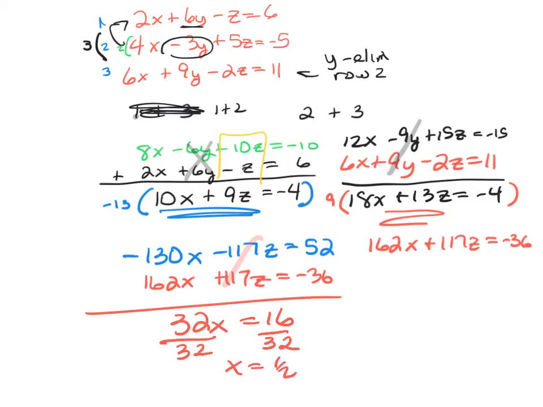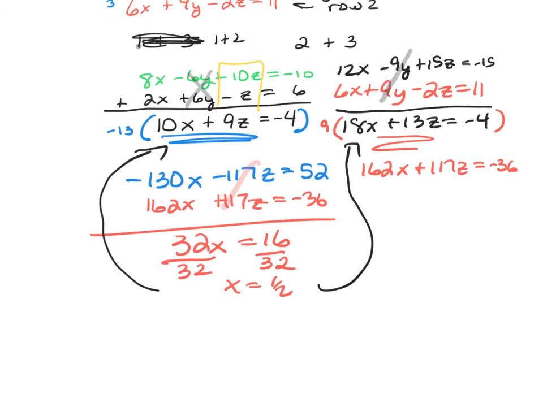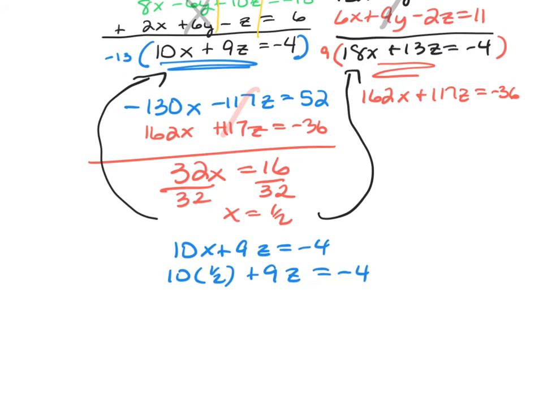Now I need to plug it back in. I just go one step up. So now I'm going to plug it either into here or to here. It doesn't matter which. I'm going to go ahead and do the blue one. So 10x plus 9z equals -4. 10 times 1/2 plus 9z equals -4.